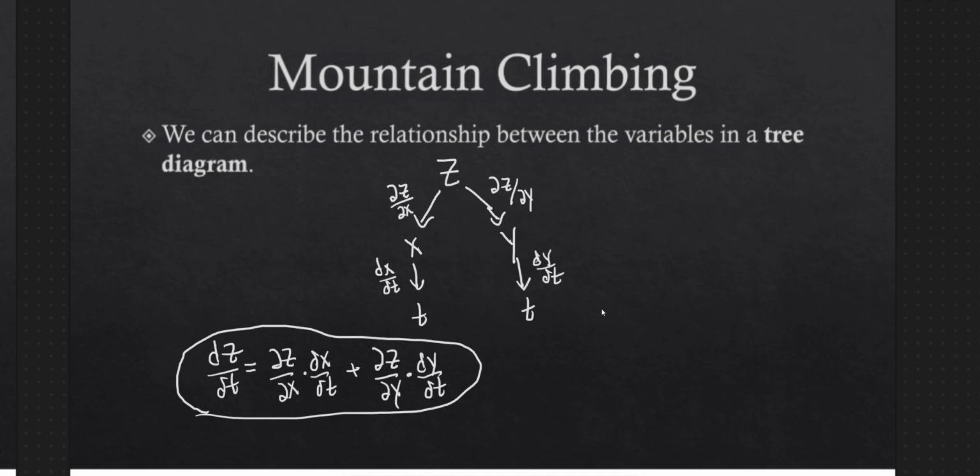So like I said, there's a lot more different things that could go on. I could have z depending on maybe three variables, x, y, and z, and maybe each of those depend on two variables, s and t. This is something we'll actually see when we talk about vector fields. And in this case, if I want, say, partial z with respect to t, I would find all the chains that end at t.